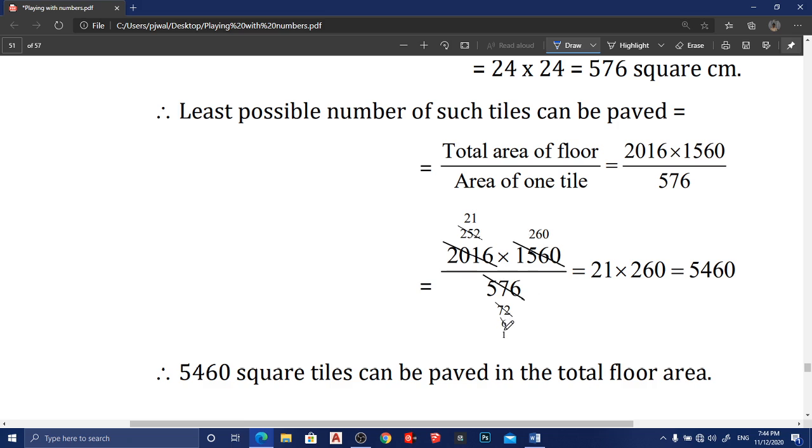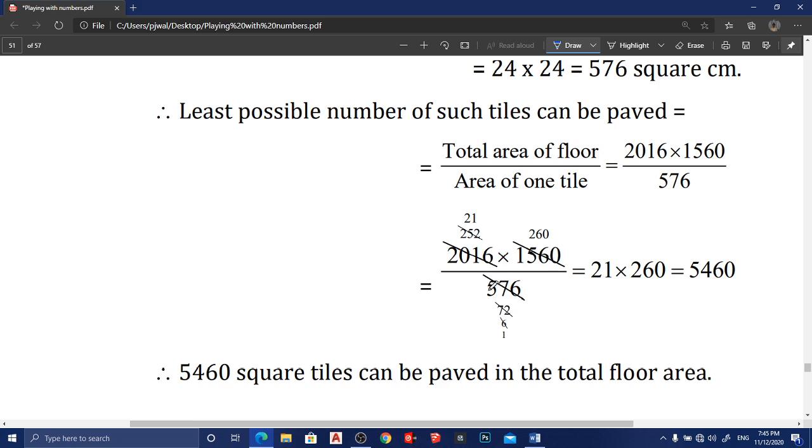Next by using 6 table I am taking these two numbers. 6 2s 12 maximum here. 3 will be the remainder, 36, 6 6s 36, 0.